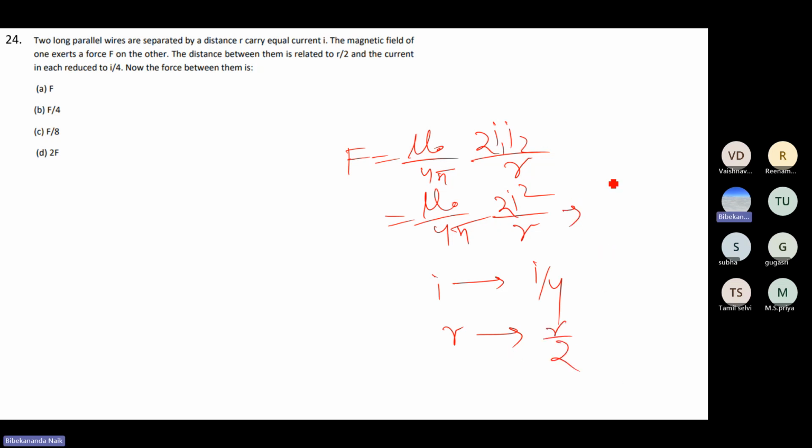So here you see I by 4 whole square, and here it is R by 2.